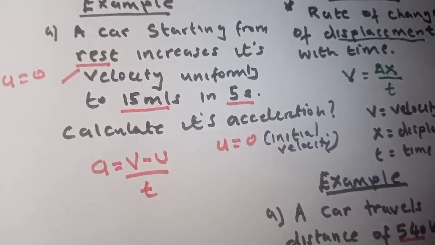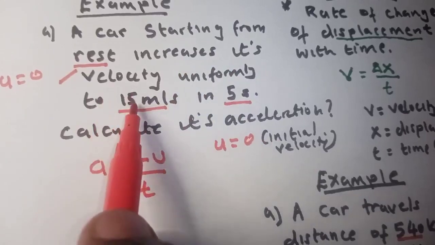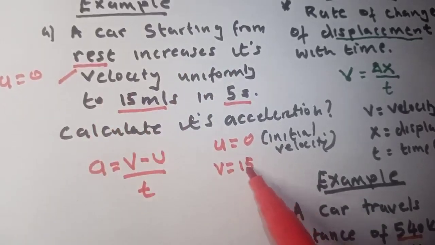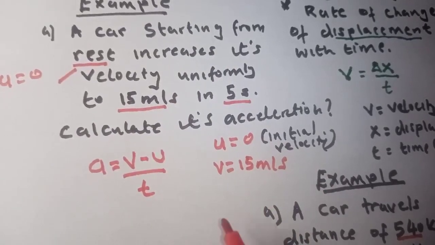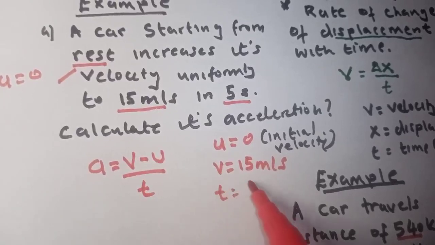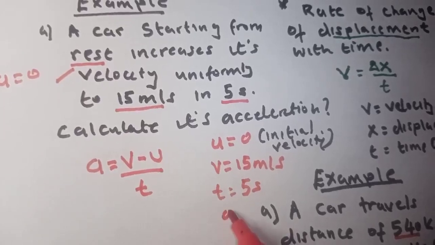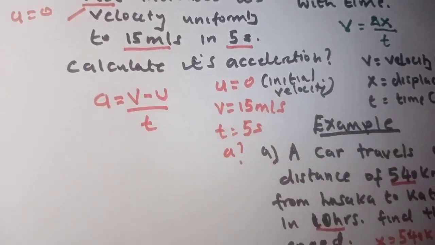It increases to a velocity, so now this is the final velocity: 15 meters per second. And the time is simply 5 seconds. Let us now find a, which is our acceleration.